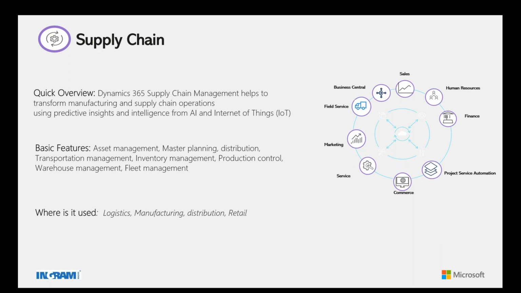So when you hear your client or your stakeholders talking about typical supply chain related features, like where they want to maintain assets or master planning or distribution or transport management, or they need inventory management or warehouse or even fleet management, they have a fleet of cars and they want to manage that, then this is your go-to app. It meets the logistical needs of multinational operations with a distributed order management solution.